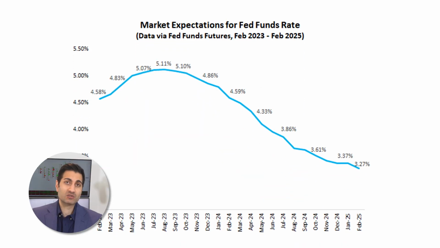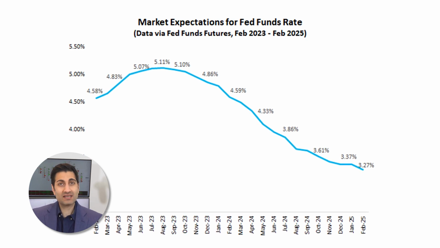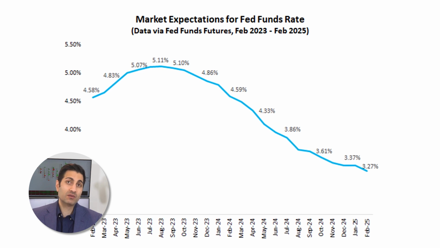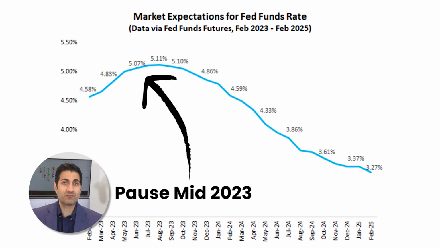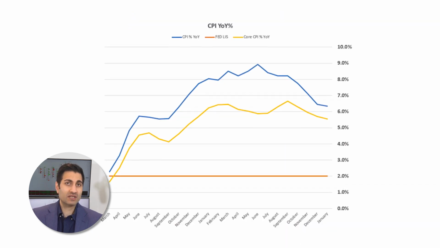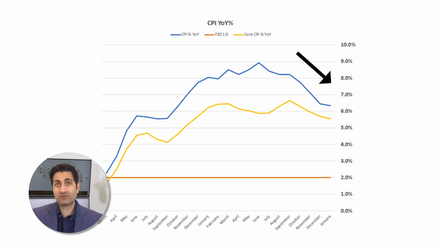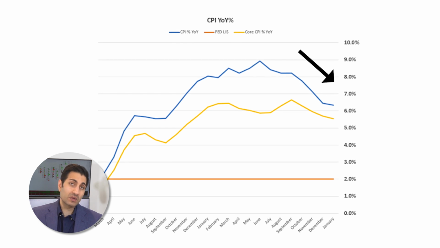Now, as I explained in detail in my last video, we were always likely to rally in January based on the market's expectations that the Fed may be about to pause its rate hiking cycle in the middle of this year. That was based on the expectation that inflation would soften fairly rapidly, and given the direction inflation has been going in recently, that view was probably justified to an extent.